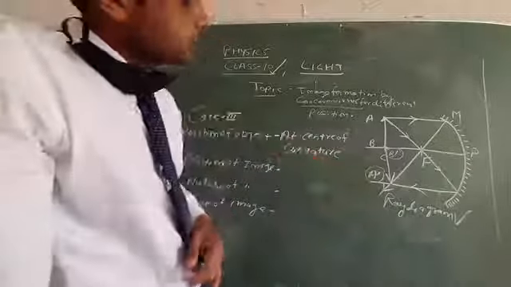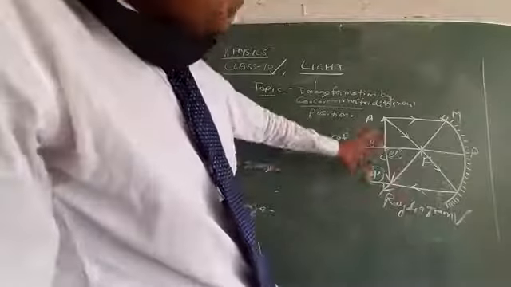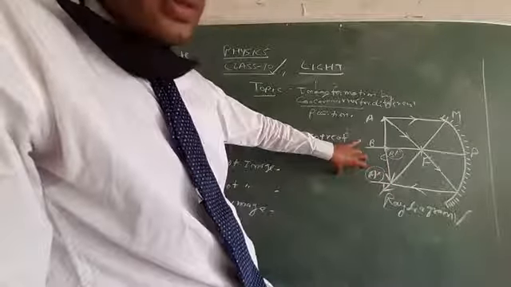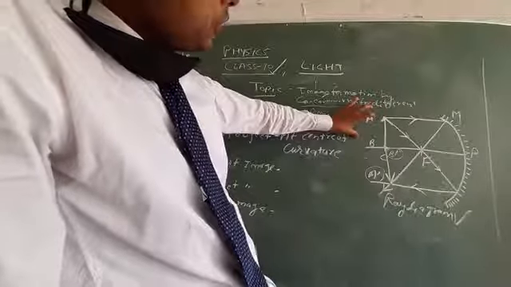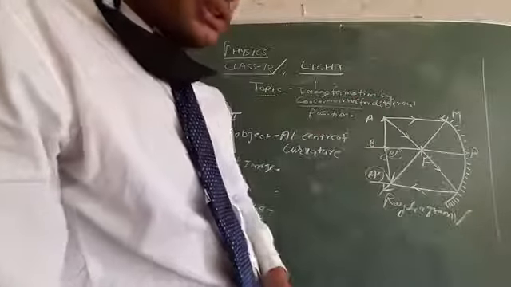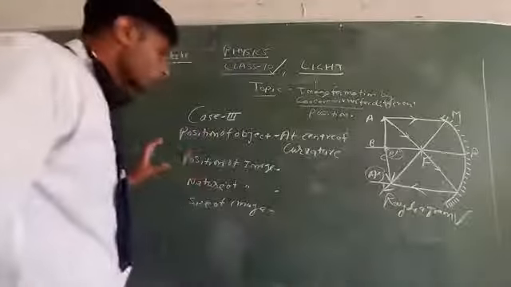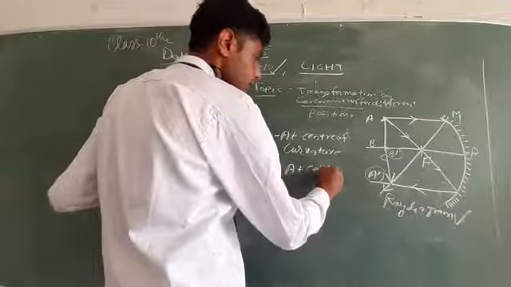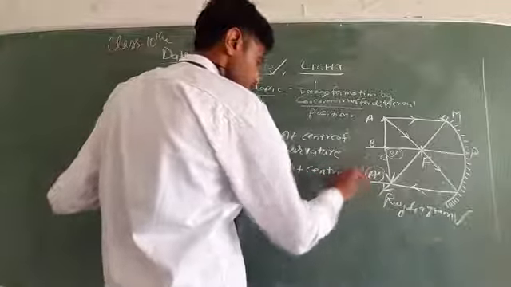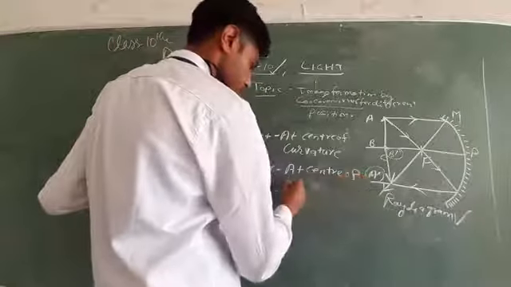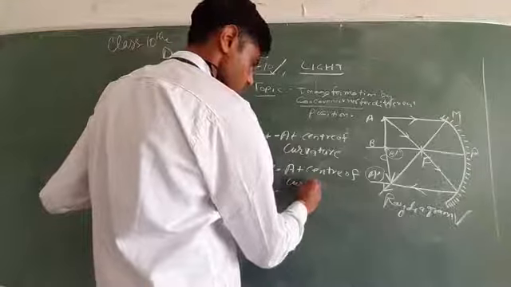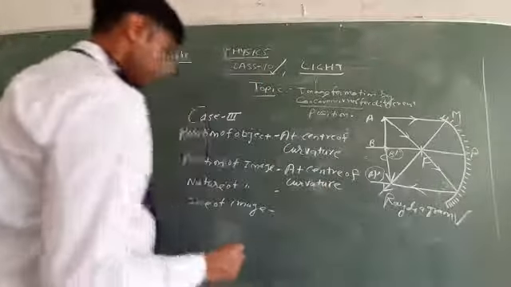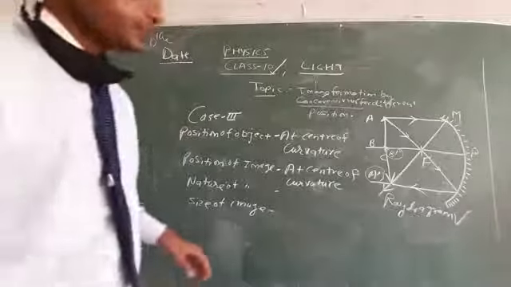So you can see the position of the image is the same as the position of the object. It means the image is obtained at the center of curvature. What is the nature?